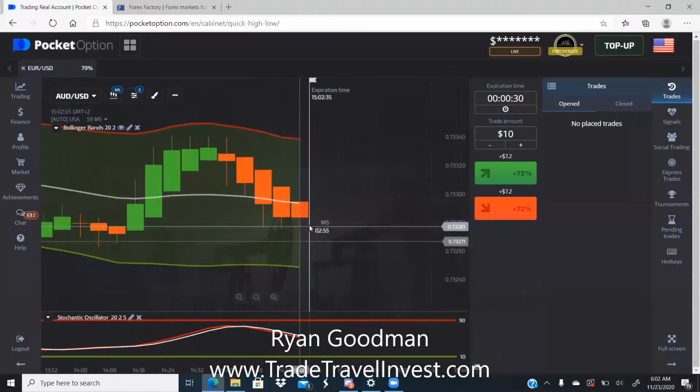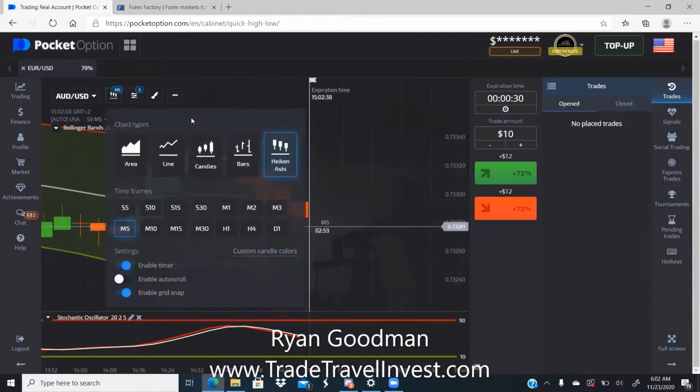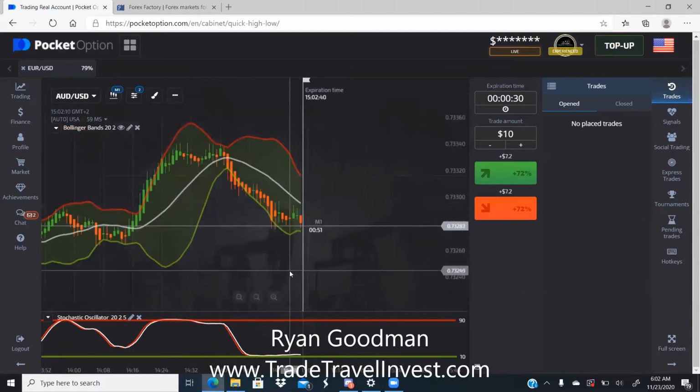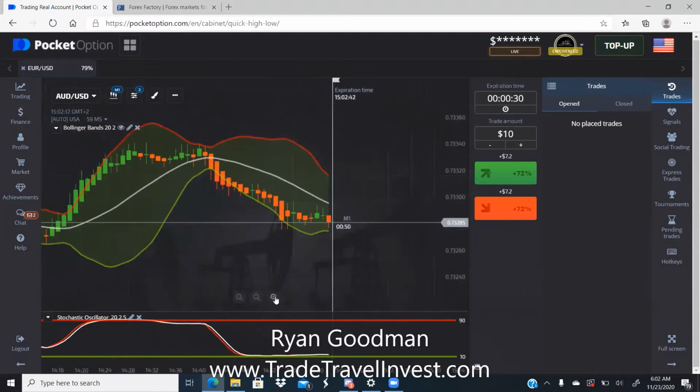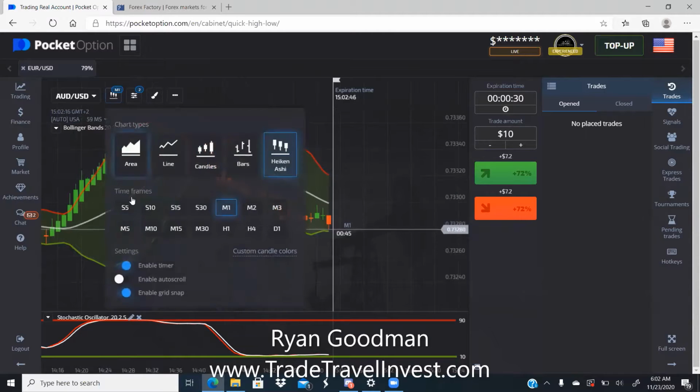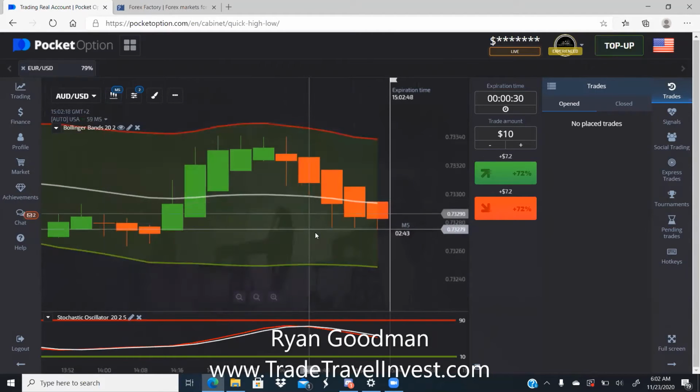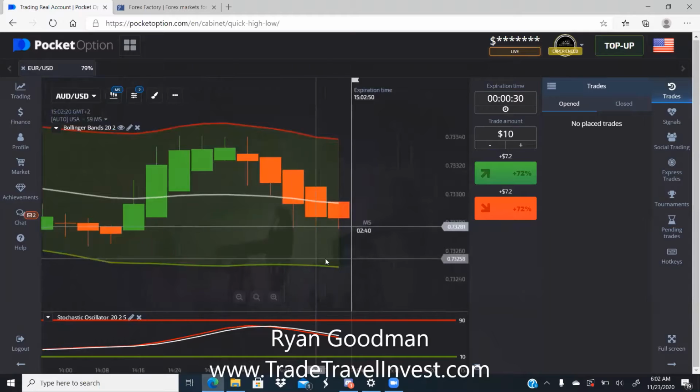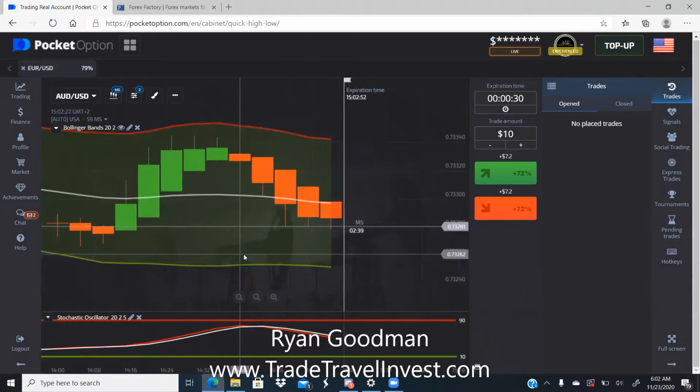See if it starts completely breaking to the downside like that, then we'll start looking for puts. But we have a resistance level here.